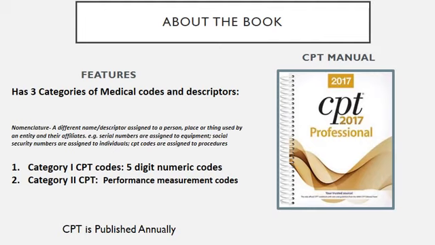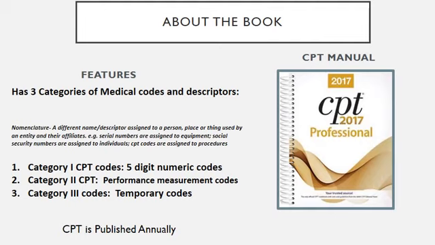Okay, I hope it really is, because I really don't know what a biopsy is, but I'm guessing it's like in the 10,000s. But nonetheless, AMA came up with nomenclature for procedures. Some other features of the book are there are 3 categories: Category 1 codes, Category 2 codes, and Category 3 codes.